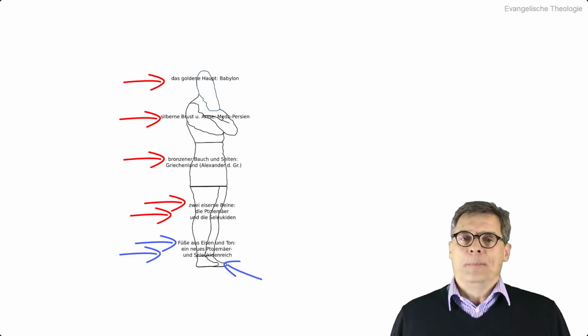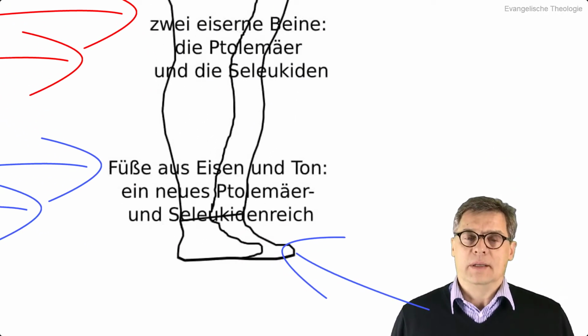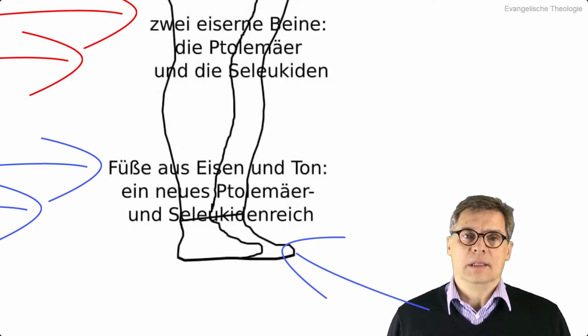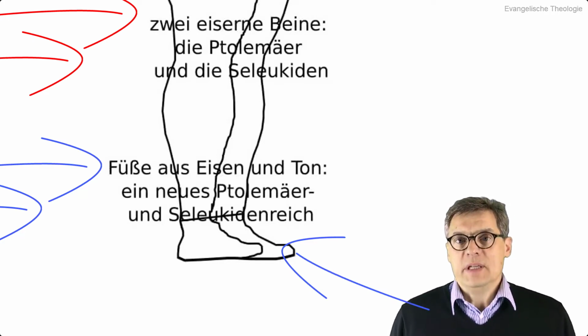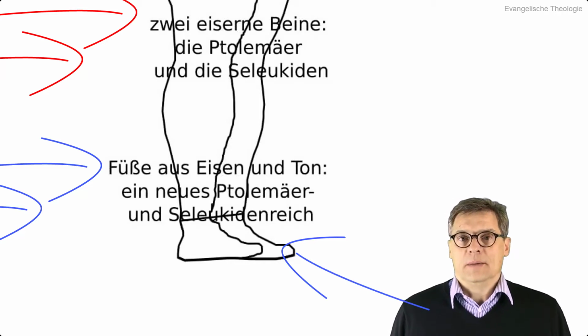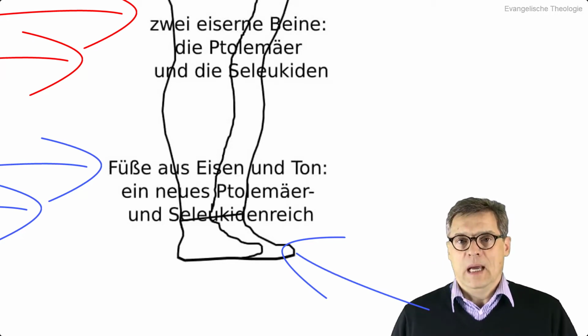The Decapolis and these Neo-Seleucids and Neo-Ptolemies together form the 2 feet and the toes. These 2 feet and these 10 toes in the statue of Nebuchadnezzar are a symbol for the Neo-Seleucids and the Neo-Ptolemies together with the Decapolis, the 10 cities.